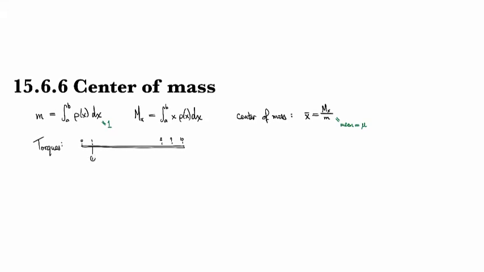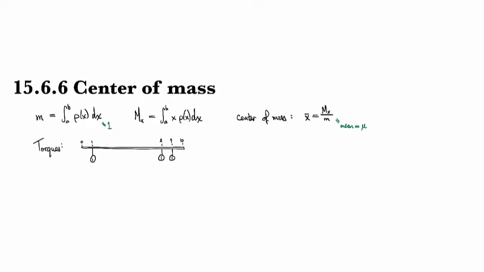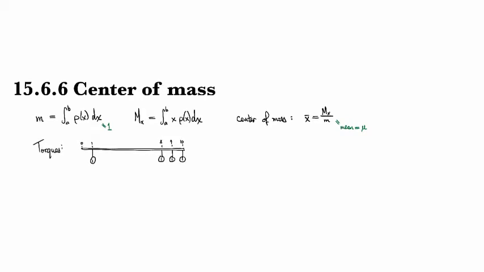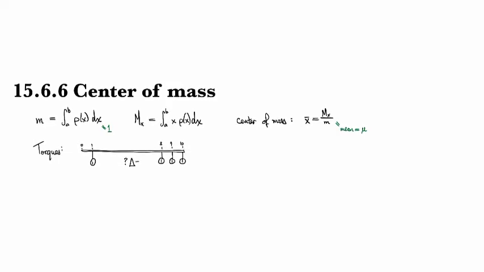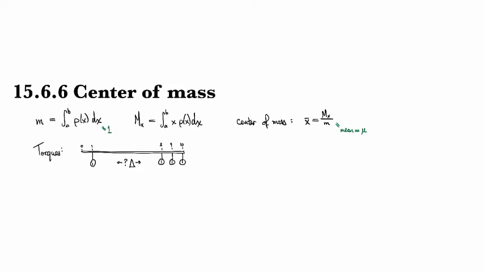Each of these has like 1 unit of mass. I'm putting little ones in them, which makes them look like eyeballs. Eyeballs hanging from a stick. Well, that's lovely. Anyways, now the question is, we want to figure out where to put our little fulcrum under the balance beam so that this thing will balance.